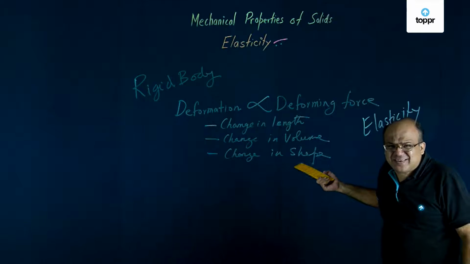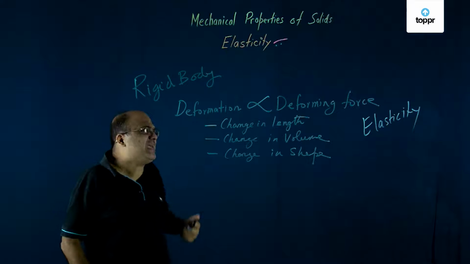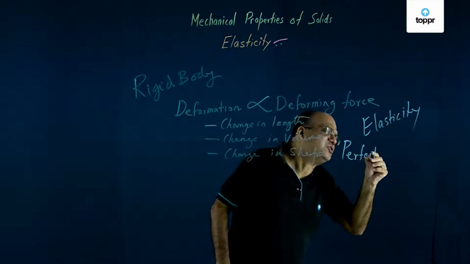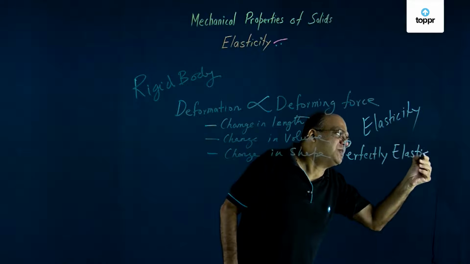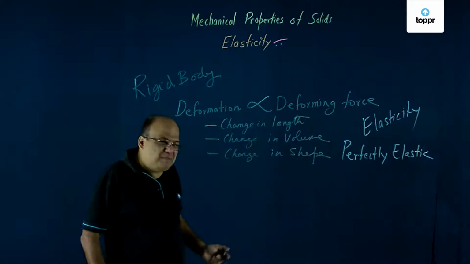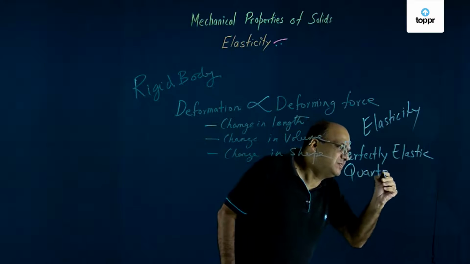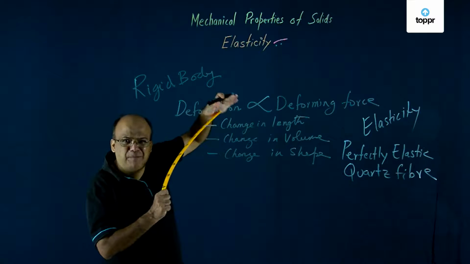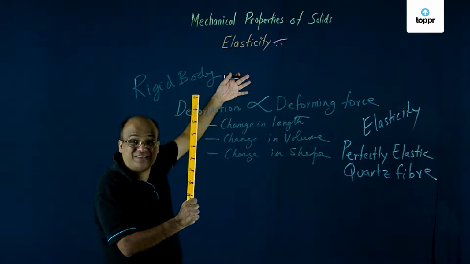Certain bodies are perfectly elastic. They completely return to their original size and shape after the removal of the deforming force. The best example is quartz fiber. So a perfectly elastic body will completely return to its original size and shape once the deforming force is withdrawn.